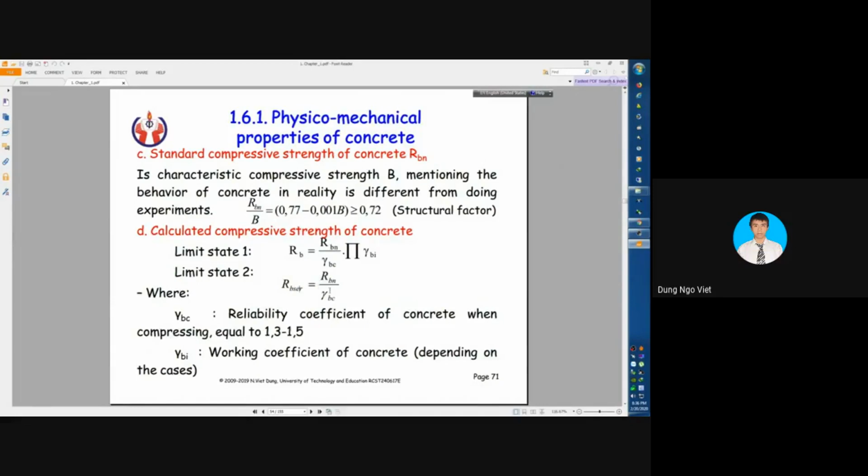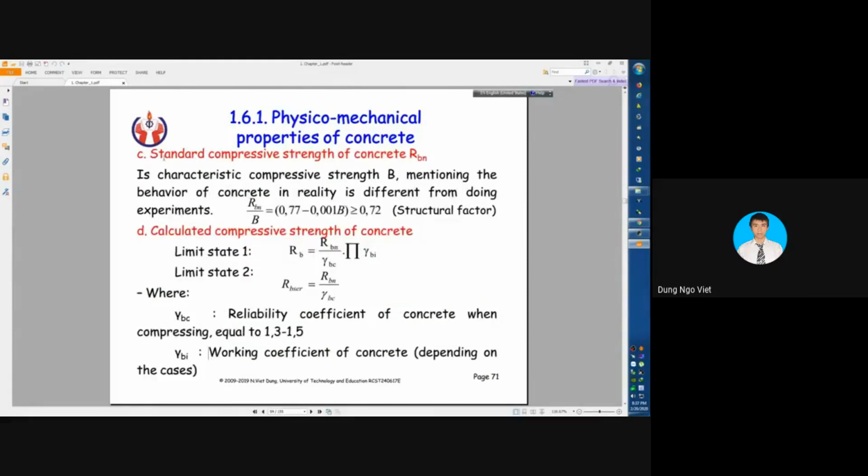In these two formulas, the gamma BC is the reliability coefficient of concrete when compressing, and usually is equal to 1.3 to 1.5. And the gamma BI is the working coefficient of concrete, and it depends on the cases.